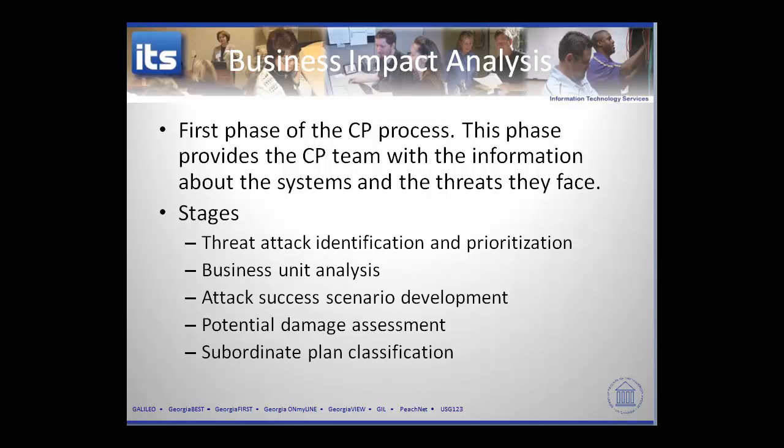So again, this should be a logical decomposition where you're starting with the threat, looking at the business unit, thus you're building kind of the situation that you're in, looking at the possible attack vectors and the damage that those could do, and then once you've got all of that done, building out a subordinate plan.